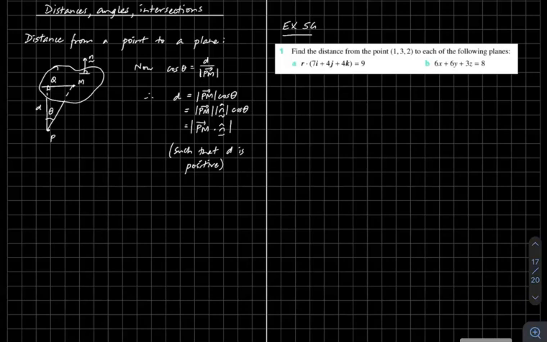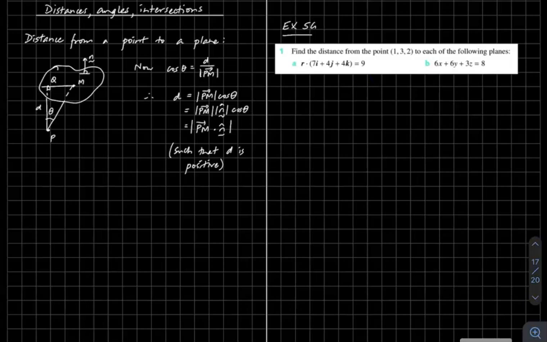So remember what we're trying to find is a point on the plane M, this point here, such that we can get a vector PM, and also a vector normal to the plane and the unit vector of that. So remember that in the general vector equation of the plane, this is our vector n here because it's r dot n equals a dot n.